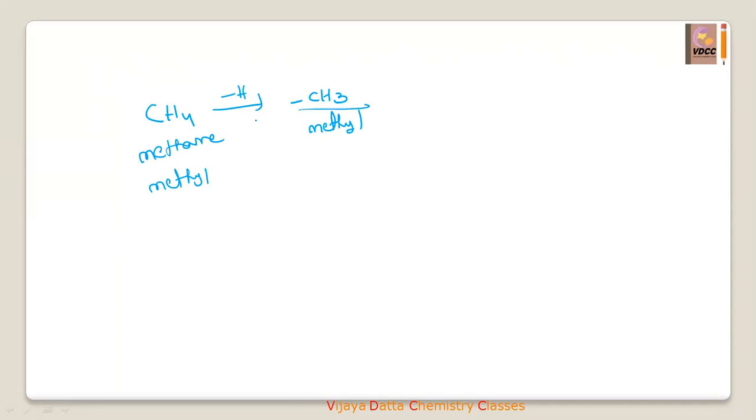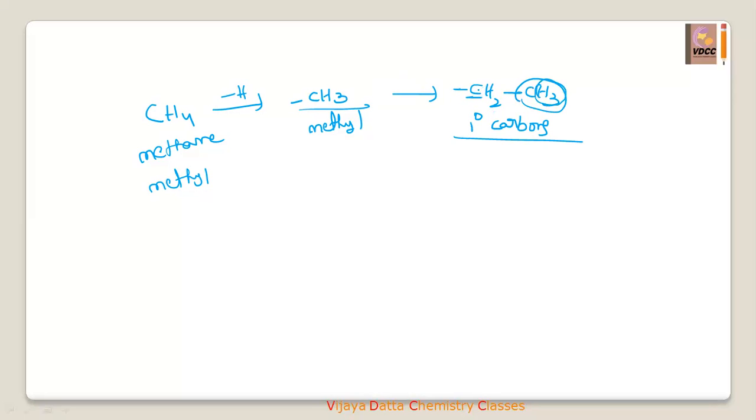From this methyl, if one of the hydrogens is replaced with another carbon atom, that gives CH2 with one hydrogen replaced by CH3. Now this carbon is attached to only one other carbon, so it is said to be primary carbon, and these hydrogens are said to be primary hydrogens.